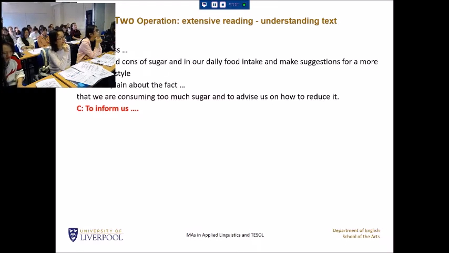So let's see. About the. Also notice here, though, we've got a direct object. Informs us. It's not to inform about here, but to inform us about. So it informs us about the what?